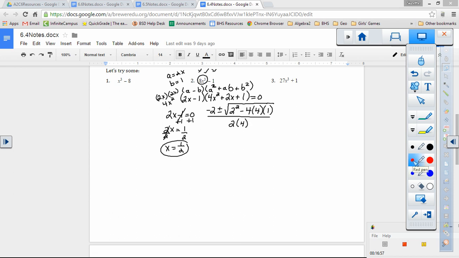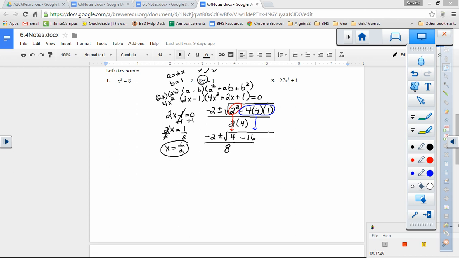Again, I ask my students to do the square and drop it, and then I ask my students to do negative 4 times 1 and drop it, and then move on from there. So it's going to say negative 2 plus or minus the square root of 2 squared is 4. Negative 4 times 4 is negative 16. Negative 16 times 1 is negative 16. All over 2 times 4, which is 8.